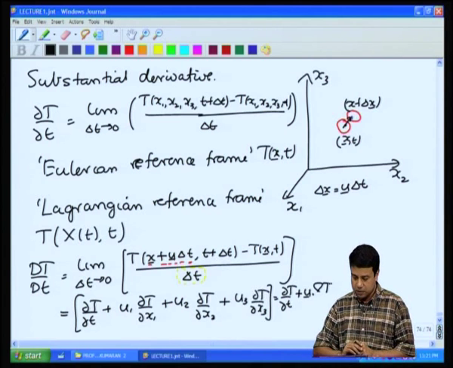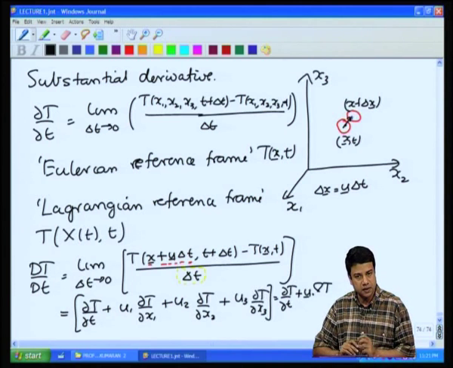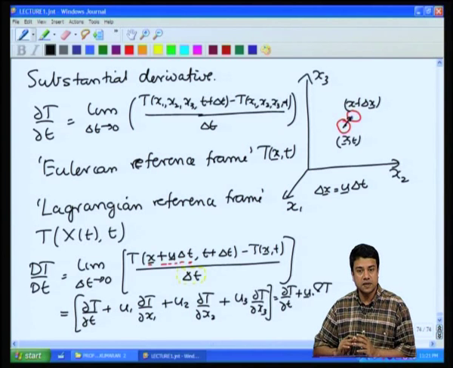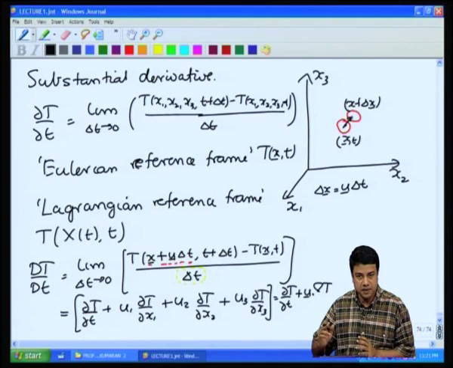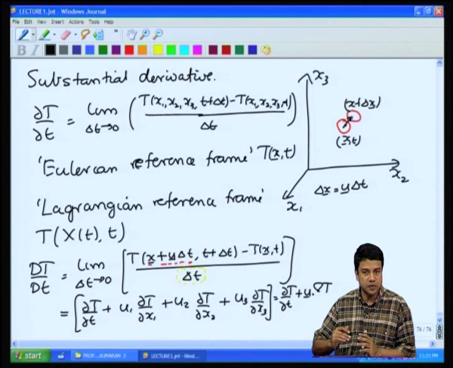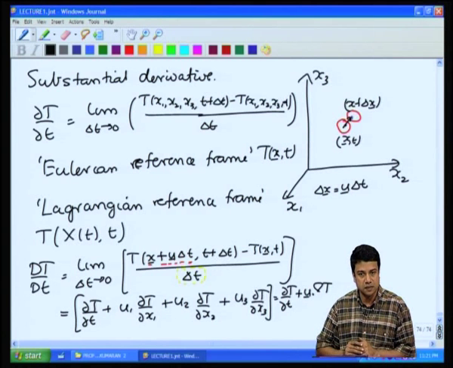Partial t by partial t plus u dot grad t is u1 partial t by partial x1 plus u2 partial t by partial x2 plus u3 partial t by partial x3. So, this is the difference in temperature between the location x plus delta x at time t plus delta t minus the temperature at location x at time t. Okay, that is this substantial derivative.